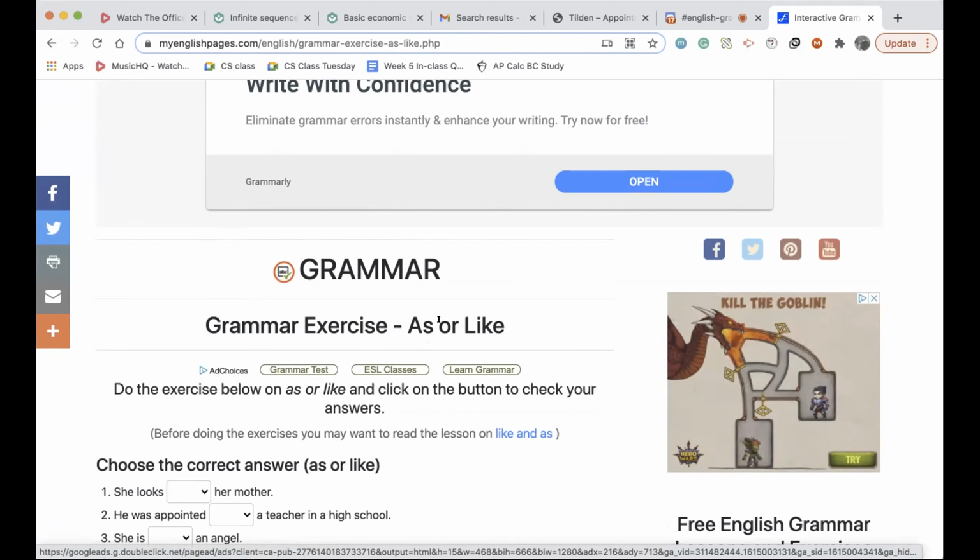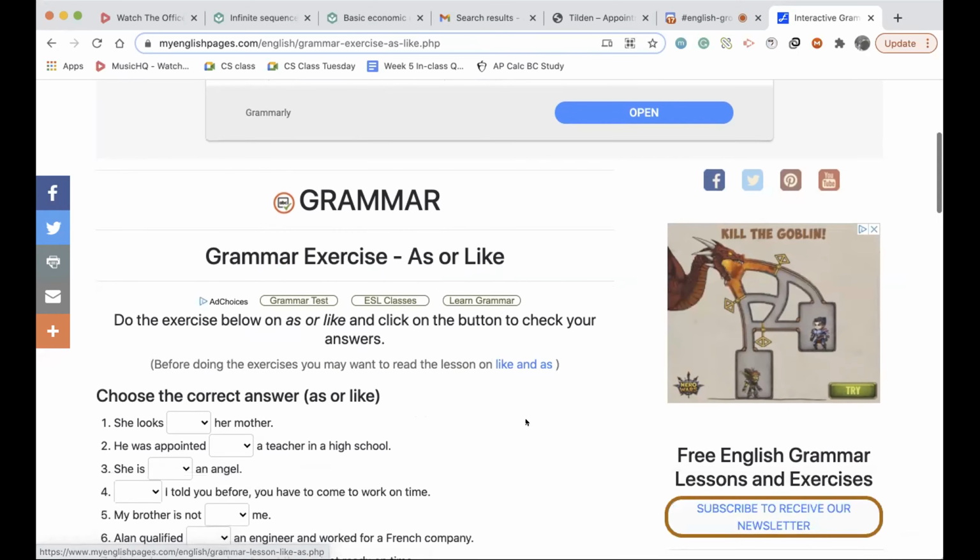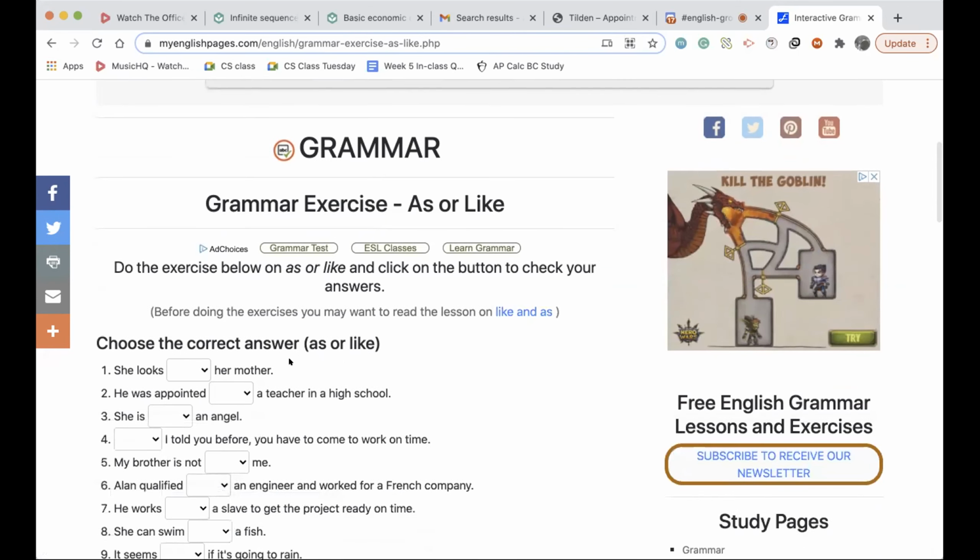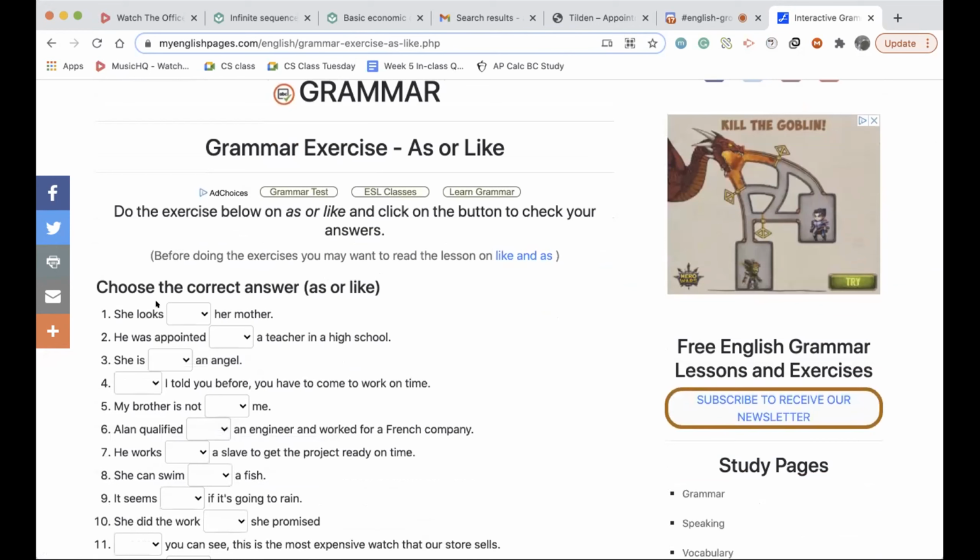And when you say like, it's usually like what I'm doing right now. You're comparing it to something, and as, it'll make sense once you look at the sentence. So if you say she looks blank her mother, is it she looks as her mother or like her mother? So the answer would be like her mother.